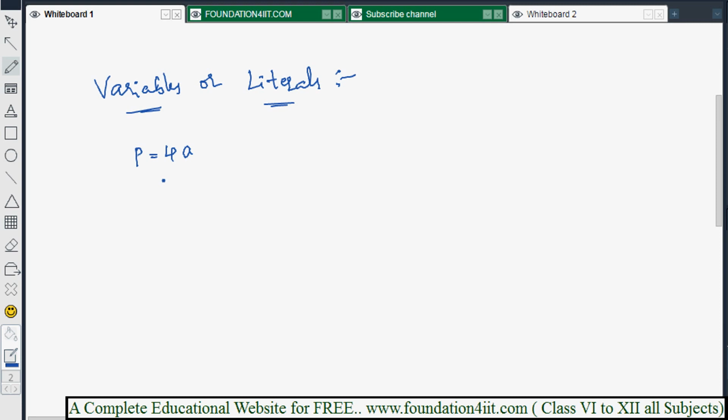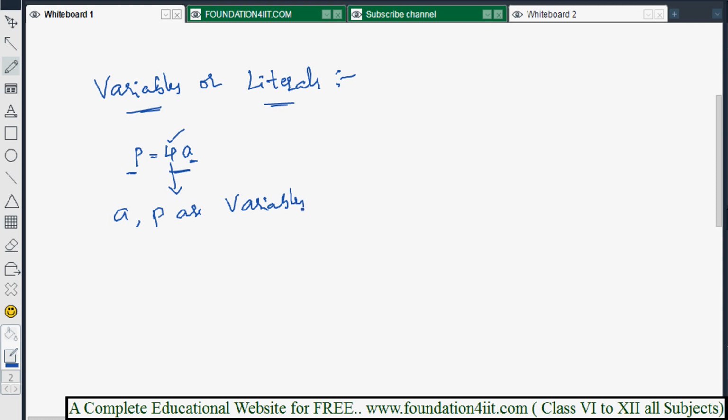We know that the perimeter of a square of side a is 4a. Here 4 is a constant, but a and p are variables, because according to a the p value will change. What never changes is a constant, but a and p are variables, the literals.